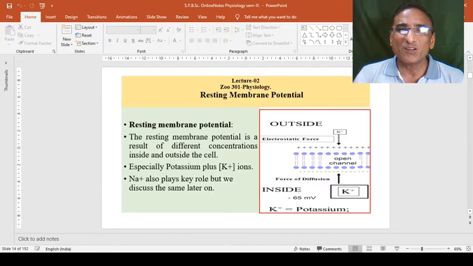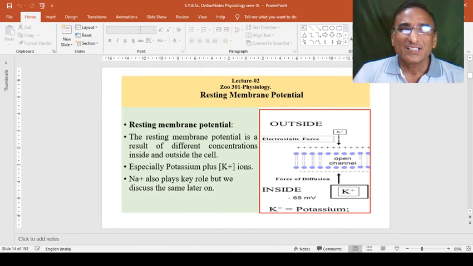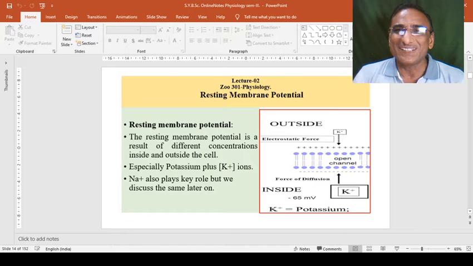Now, in the second topic of the first unit, resting membrane potential, we will see it in detail. First of all, we will see the definition, or the meaning, of resting membrane potential. The resting membrane potential is a result of different concentrations inside and outside the cells.